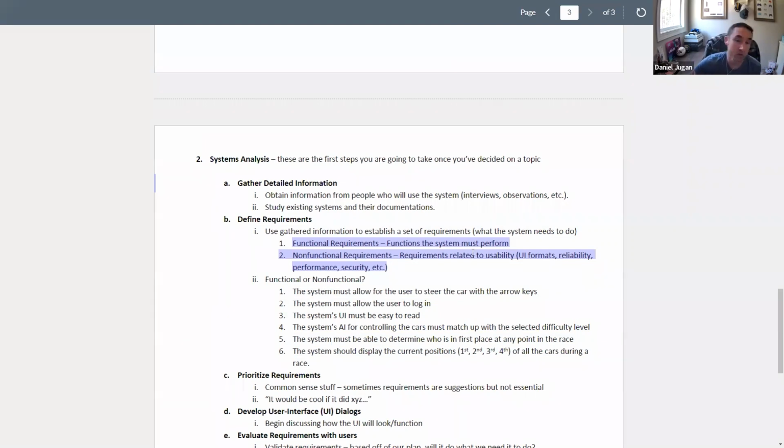On the other hand, you have non-functional requirements, and these are related to usability, sustainability. So does the system have to be able to accommodate people who are colorblind? Okay, and that would be kind of under the UI formats, or the usability.